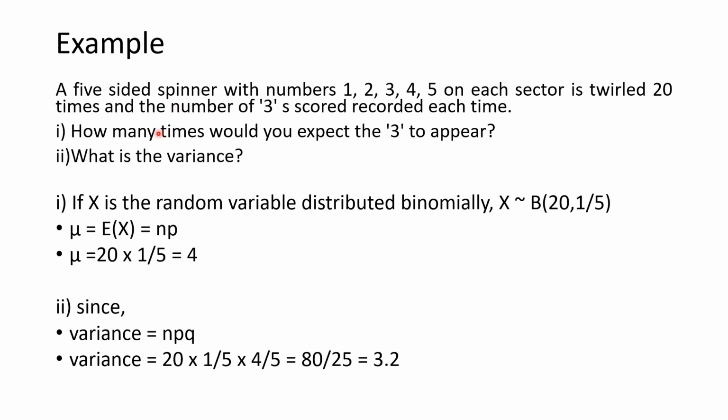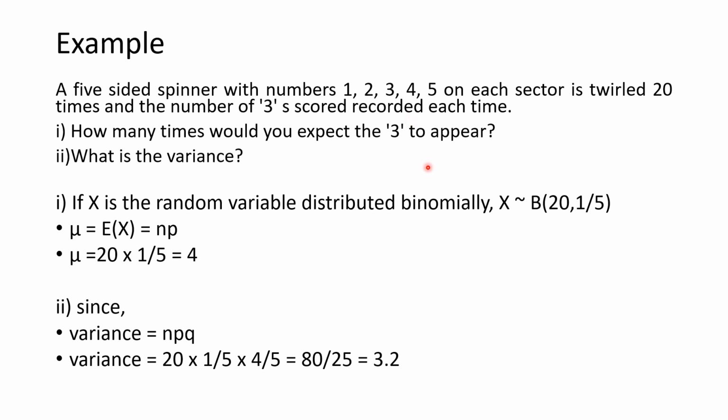For example, a 5-sided spinner numbered 1 to 5 on each sector is spun 20 times. So 20 trials. X is binomially distributed, N is 20, and the probability of getting 3 would be 1 out of 5 because there are only 5 sectors.